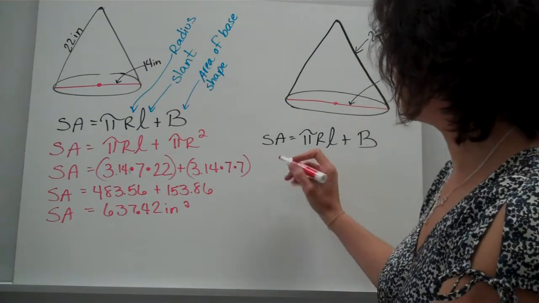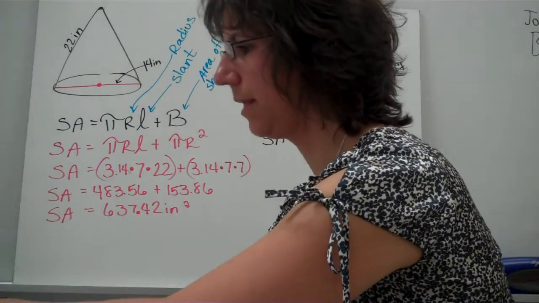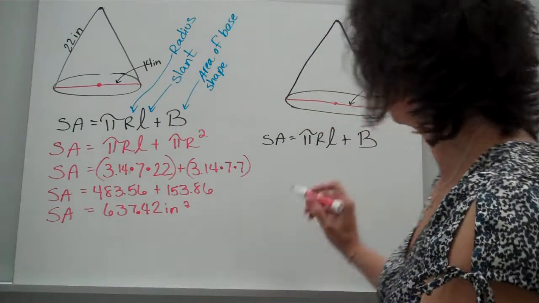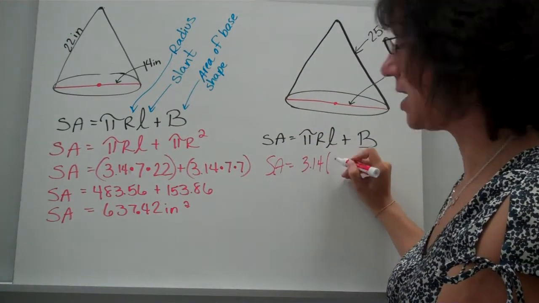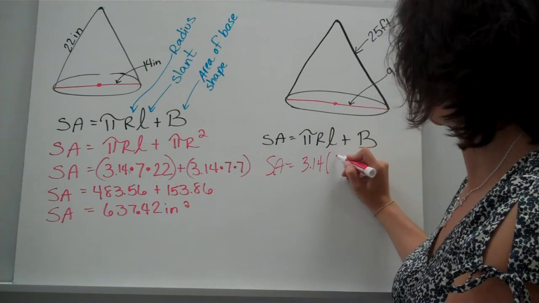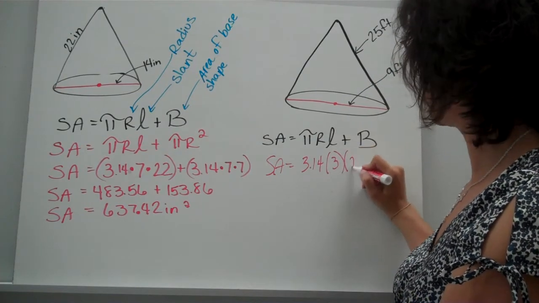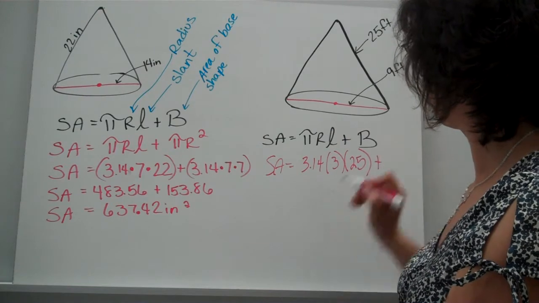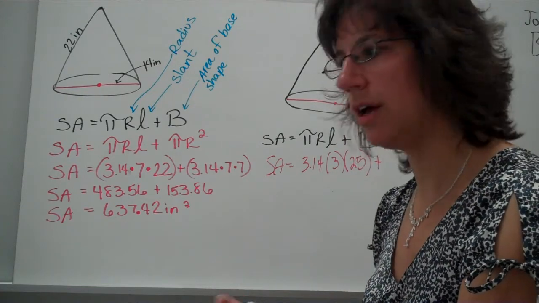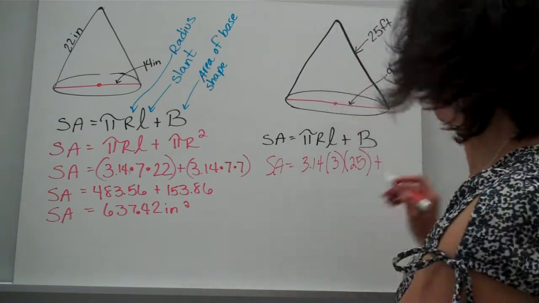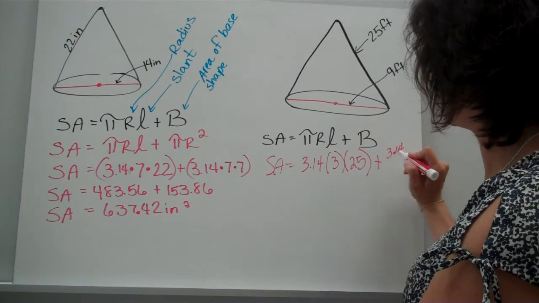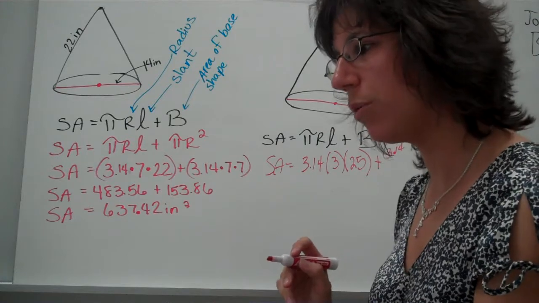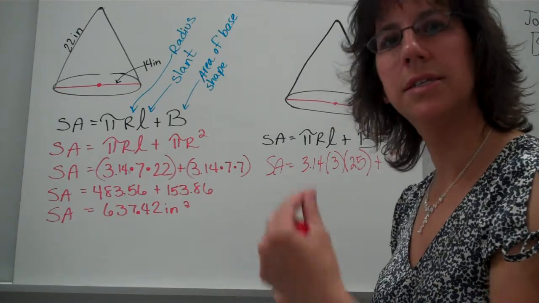Okay, great. Let's go ahead and see how you did. You should have gotten 3.14 times the radius, and in this case the radius is 3. The slant is 25. And now we're doing the area of the base. Well, for that piece I'm going to do 3.14, and I'm running out of room here, but I'm going to multiply the 3.14 times the radius again.